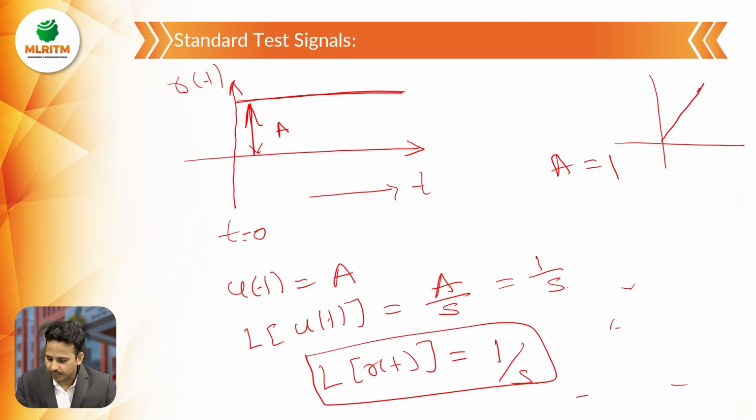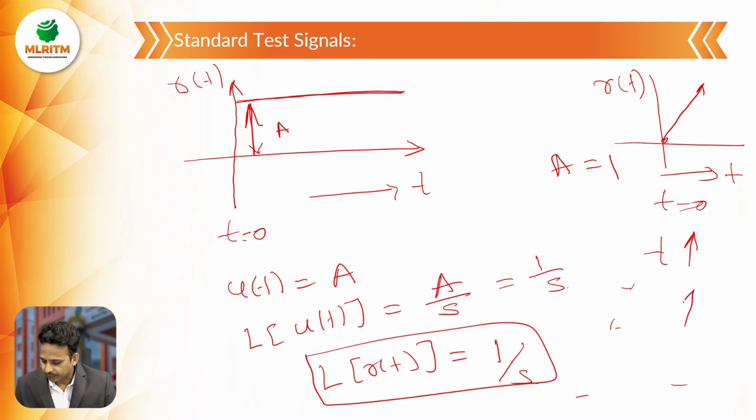Next, ramp input. So this is a ramp input r of t. At t is equal to 0, it is 0. As t increases, the signal increases with respect to time.